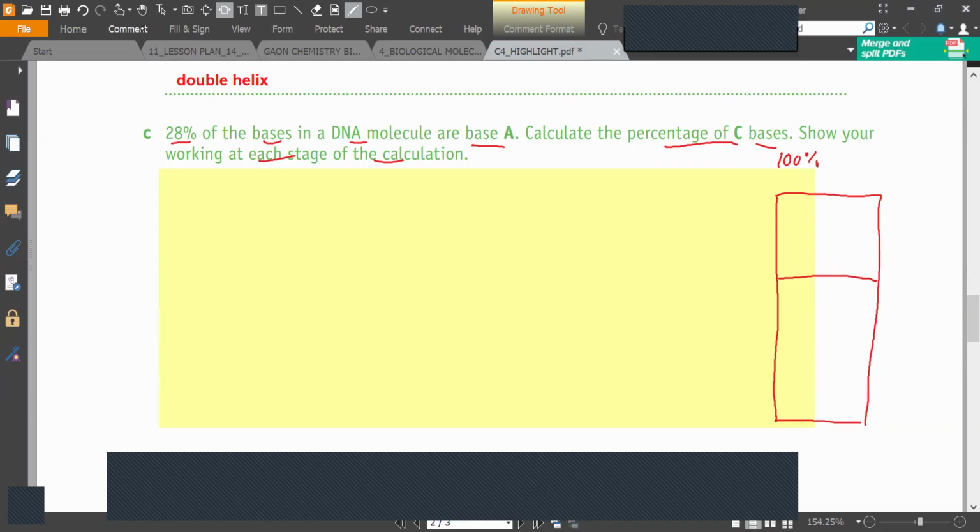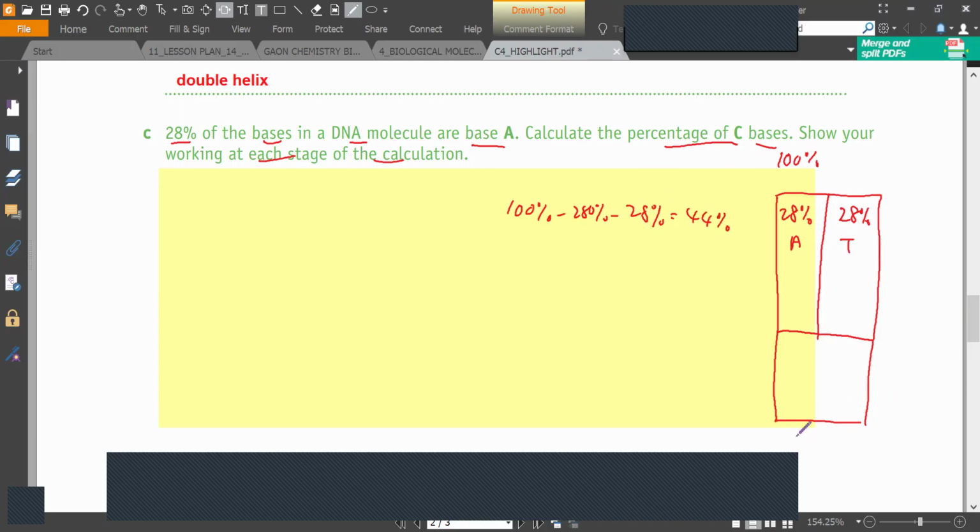So 28% A, which means it will be 28% T, right? Now we take 100% minus 28% minus 28%. That will give us 44%.